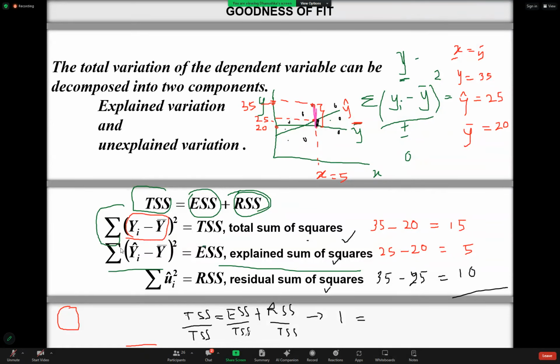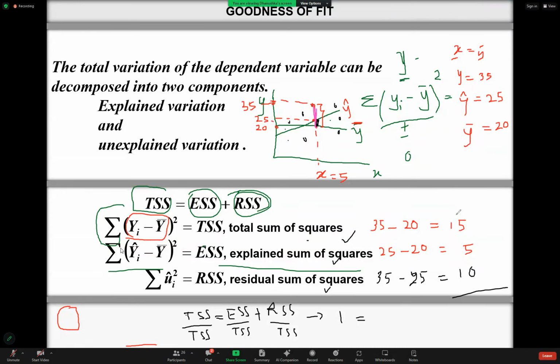Then ESS over TSS. What does it mean? ESS means explained variation. TSS means total variation. This shows the percentage or proportion of total variation explained by the regression model.